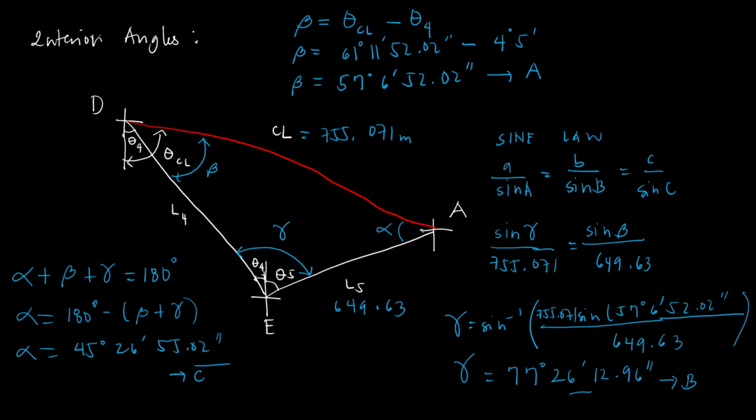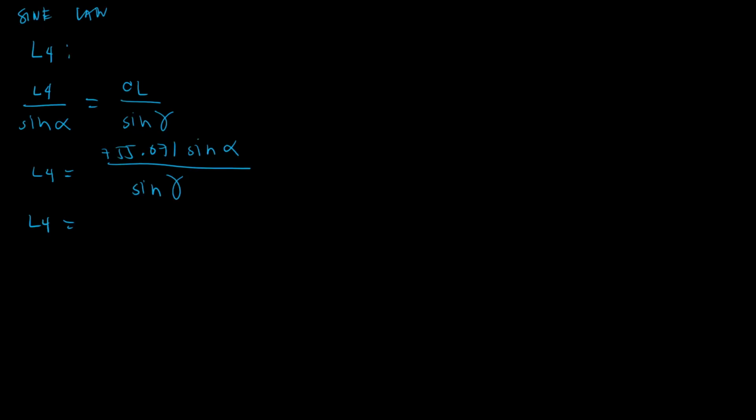So, alpha C. Ayan. So, pwede natin 755.071 sine alpha C divided by sine B. So, makukuha natin na length, yung L4, that is 551.279 meter.